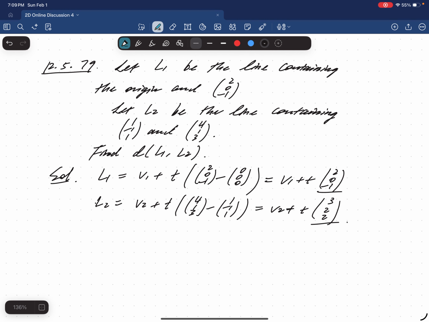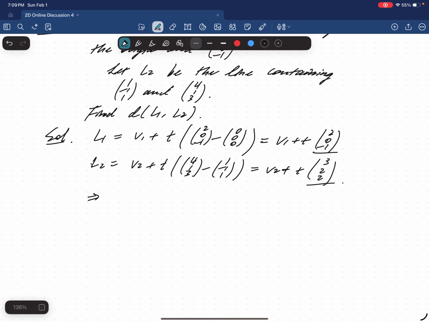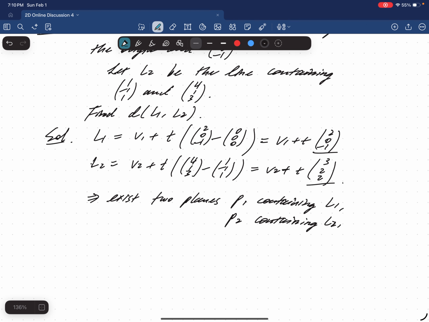And whenever we have two lines with independent direction vectors, there exist two planes, P1 containing L1 and P2 containing L2, such that P1 and P2 are parallel.